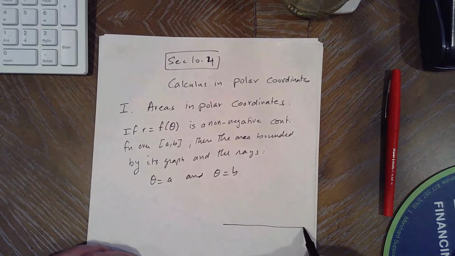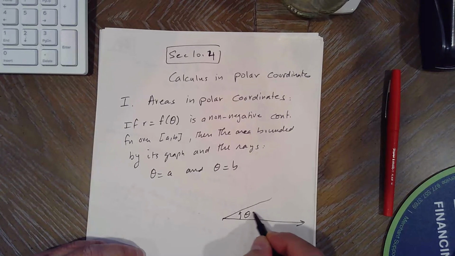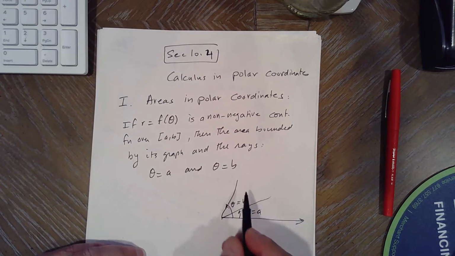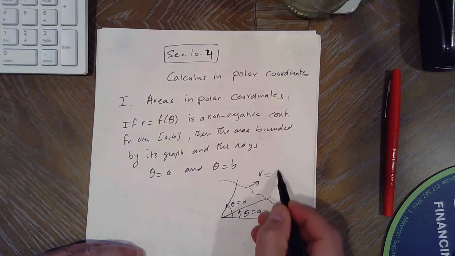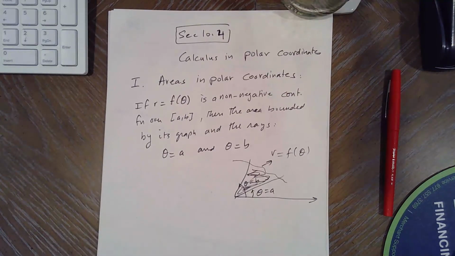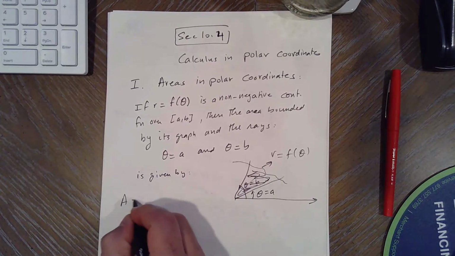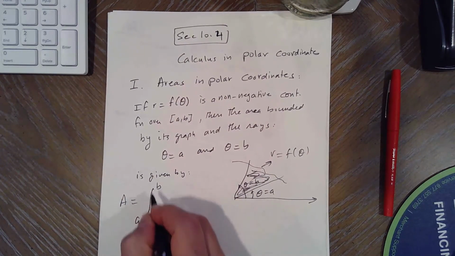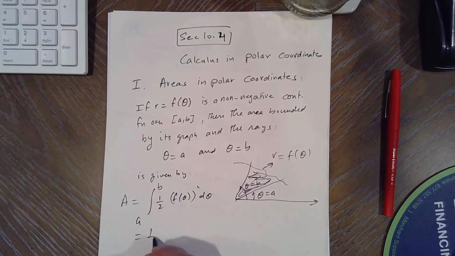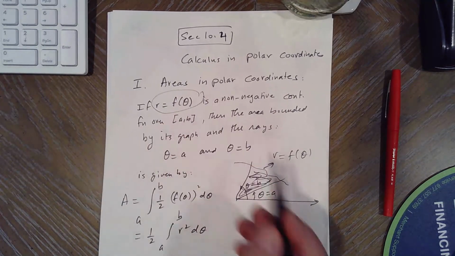So basically, we have theta equals A and then say theta equals B, and that's the graph r equals f of theta, so we want this area, which is given by: area is the integral from A to B of 1/2 f of theta squared d theta, or we can write it as 1/2 integral A to B of r squared d theta, because r is f of theta.